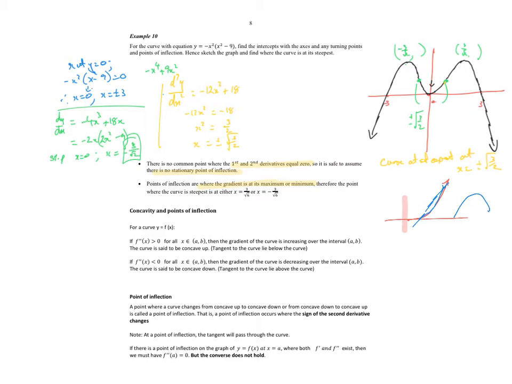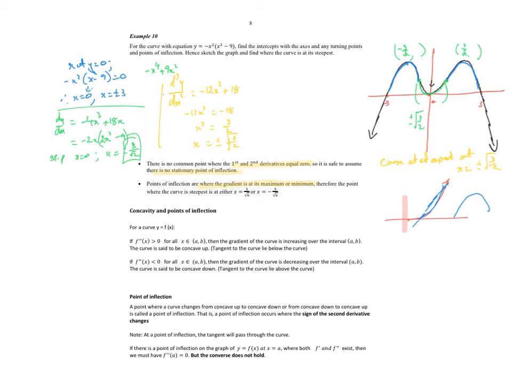So in here, my graph is curving down to there, and then in green, it's curving up all the way through here, and then curving down again through here. So you can see where that concavity changes sign, where we go from concave up to concave down. That's my point of inflection.